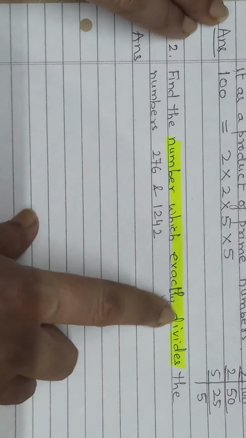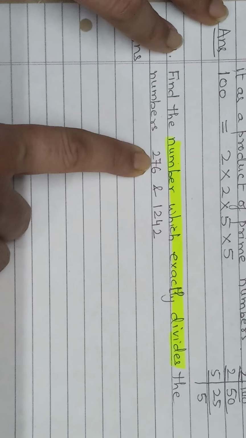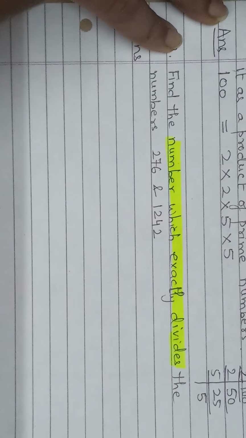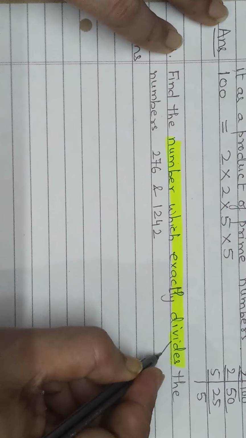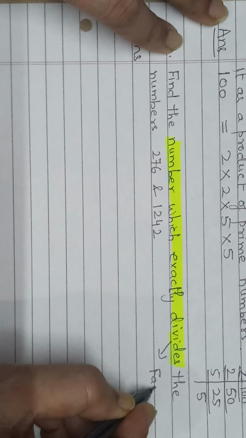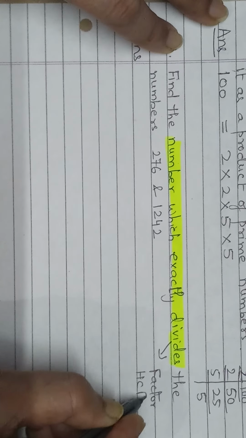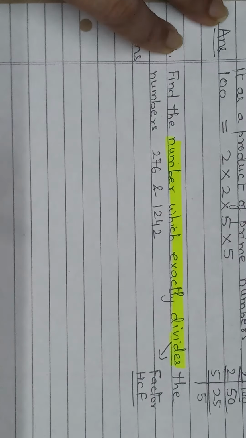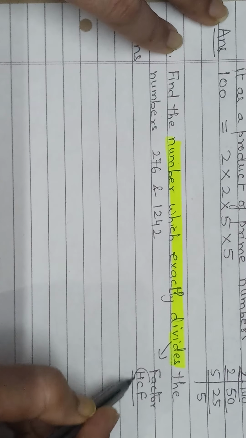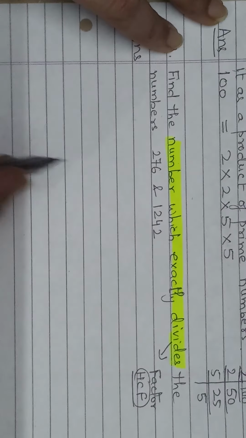A number which divides this number also and this number also means we want a factor, and if we want a factor, it means we want HCF. It cannot be LCM, that is multiple. So we want the highest common factor.